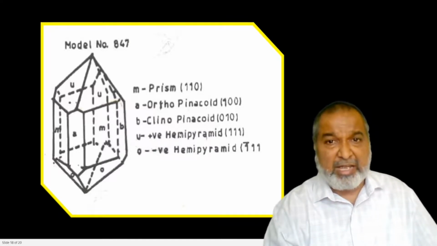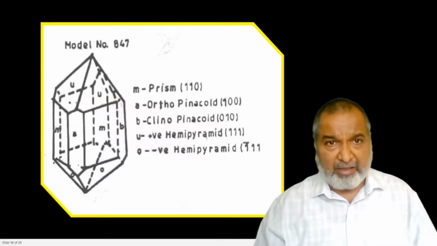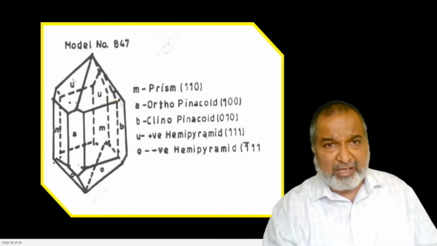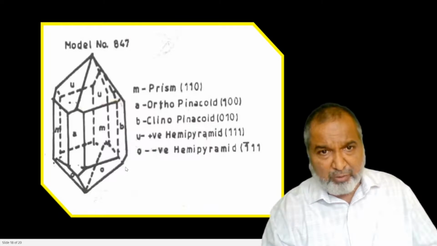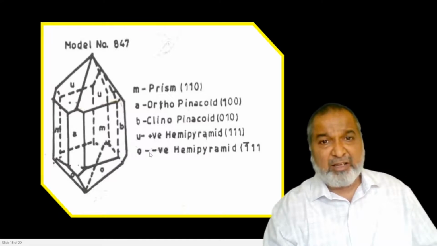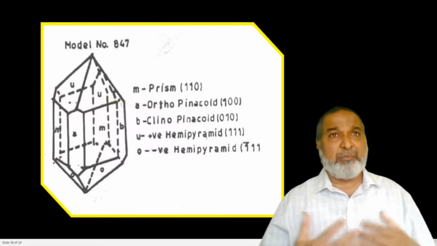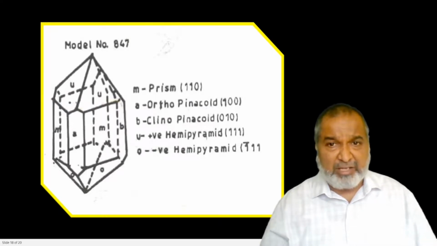You can see now the hemi-pyramid, which consists of four similar inclined faces. Two on this side and two on the lower side. And on the back side two are there, and on the front side two are there. They are the negative hemi-pyramid. So one we have is the positive hemi-pyramid and the second one is negative. Why is it negative?